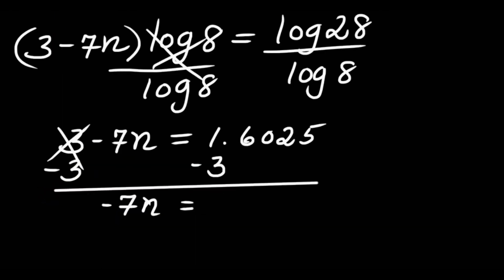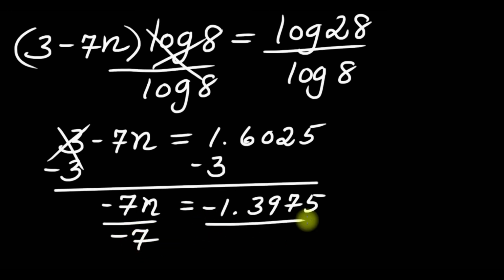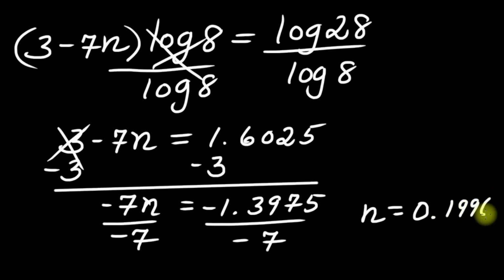And then on the right hand side, I end up getting negative 1.3975. And then divide by negative 7. So n is 0.1996. Okay, so this is what n is.